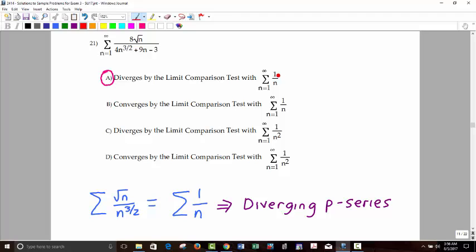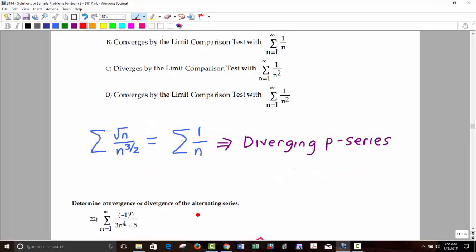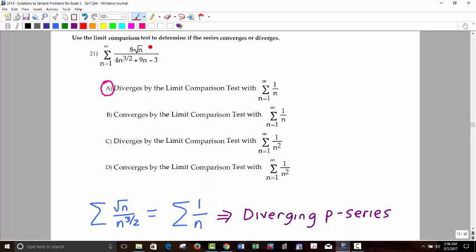Here, as long as you pick the right thing to compare it with, the limit comparison test will work. Because if you do the limit of this original one compared with this one, you'll either get 8 over 4 or 4 over 8, depending on which one you put on top or on the bottom. Whether you get 2 or 1/2, that's a finite and positive number, so that works. So it'll work either way.